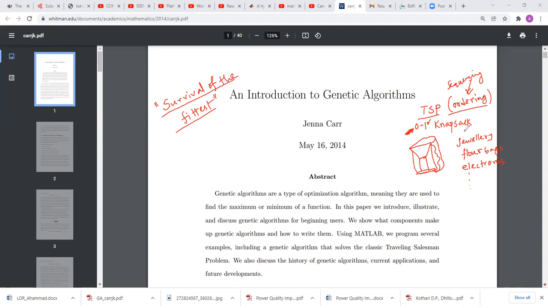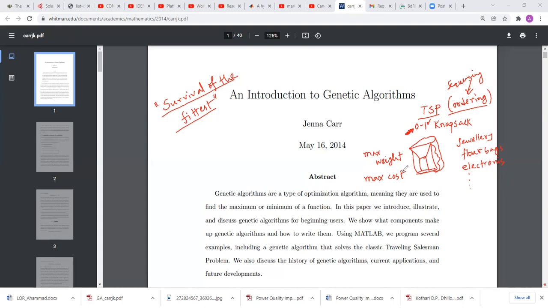Now what is the constraint? The constraint is that there is a maximum weight the thief can carry after his stealing period is over. This is his constraint, the maximum weight. There is a maximum limit, and his target is to maximize the cost of the items he is stealing. You get the idea?